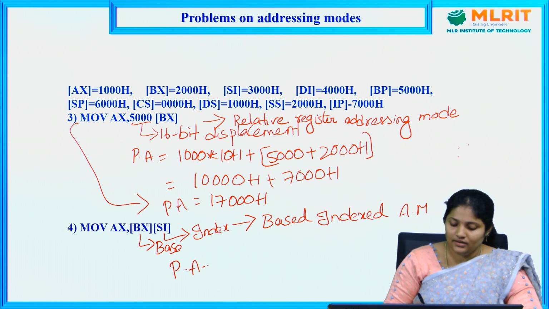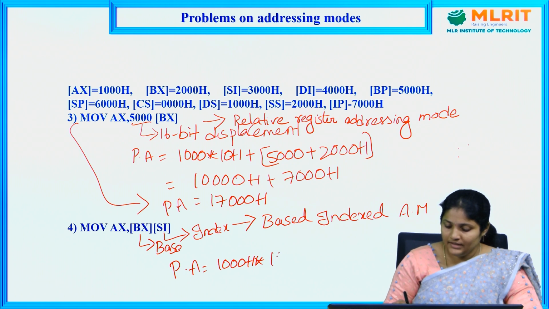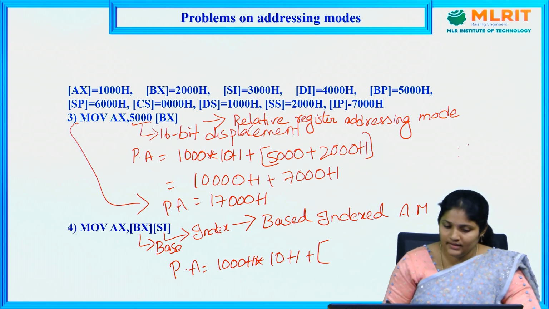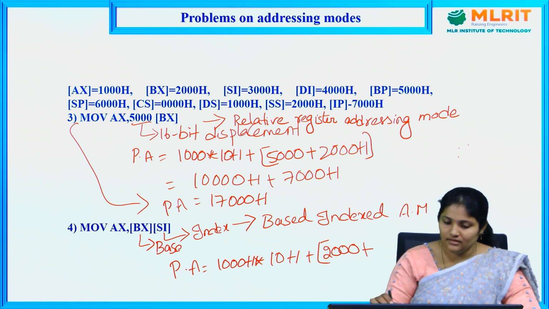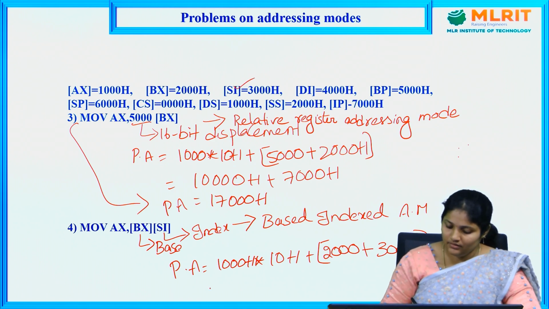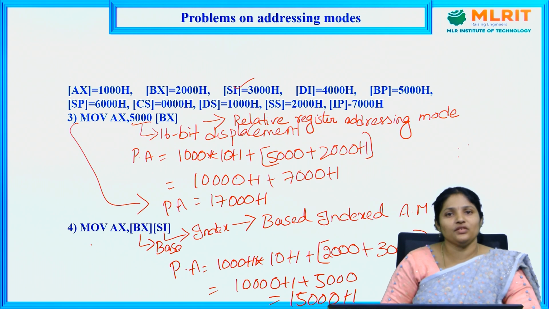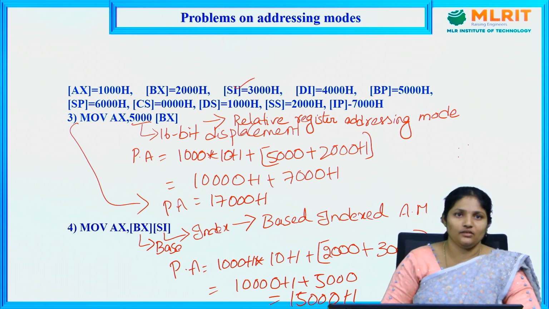The physical address will be the data segment multiplied with 10H, and the offset address will always be the sum of the registers BX and the index register SI. The data present in SI is 3000. So 10,000H plus 5,000, which is nothing but 15,000. So for this instruction, the physical address would be 15,000H.